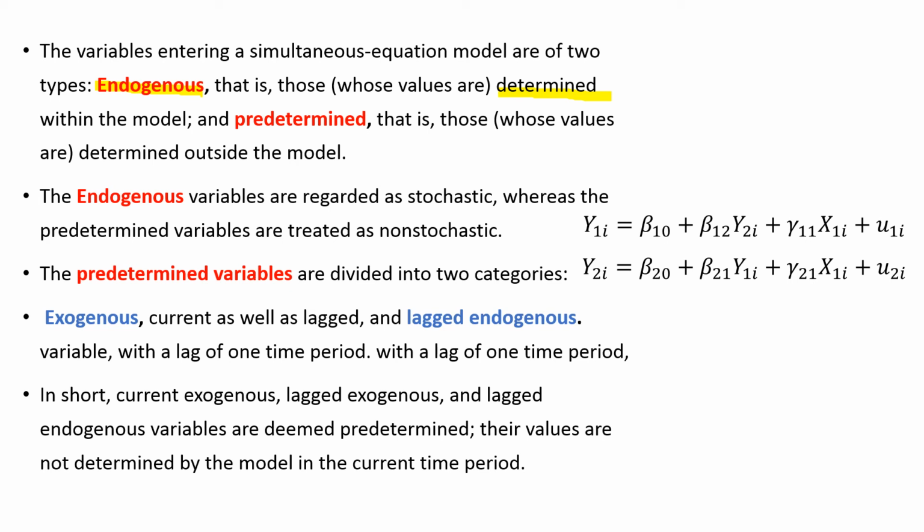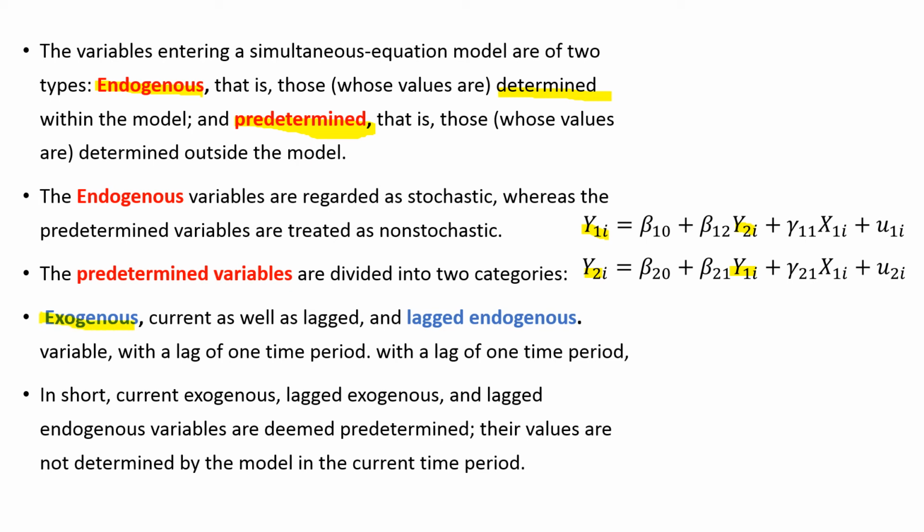In this example, y1 and y2 are endogenous variables, and sometimes we call them determined variables, because they are determined within the model. The second type is called the predetermined variables, because their values are determined outside the model. These predetermined variables can be classified into two categories.